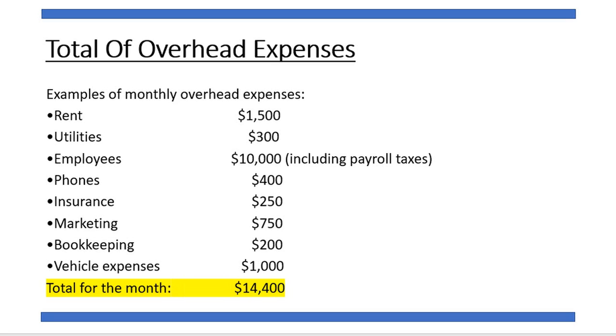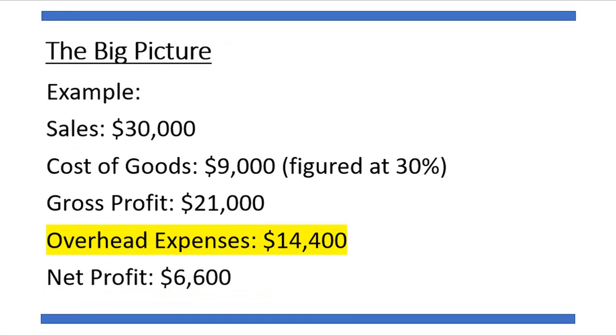We also have phones at $400, insurance at $250 per month, marketing at $750 per month, bookkeeping or accounting fees at $200 a month, and our vehicle expenses are $1,000 a month. Totaling all of this, our expenses would be $14,400 for the month.